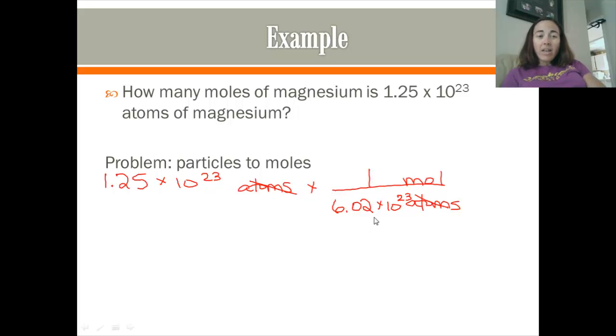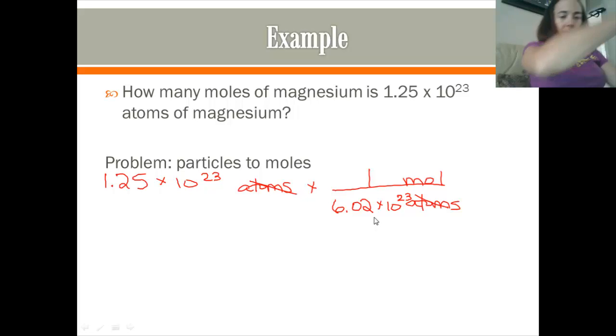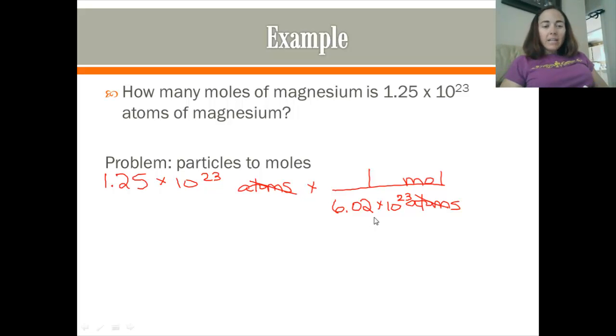Now let's get our calculators and work that out. The answer that I got in my calculator was 0.2, and there's lots of numbers. We're going to round to 0.208, and it's moles.